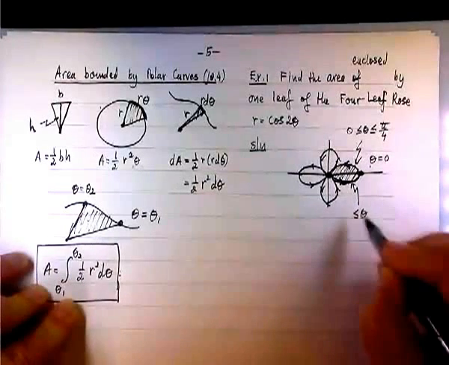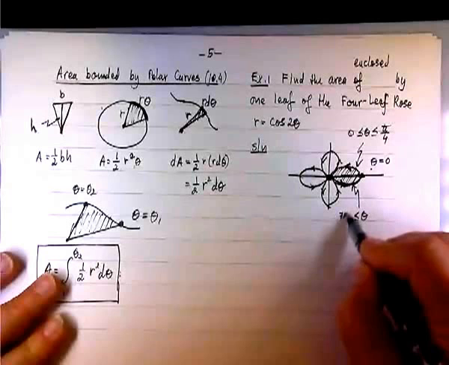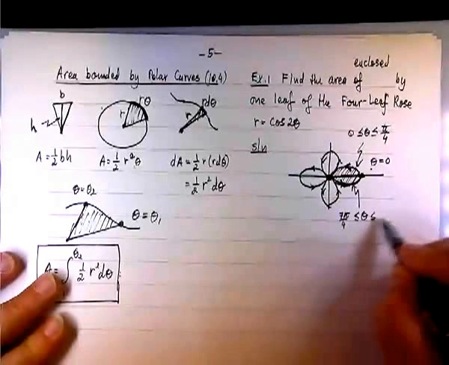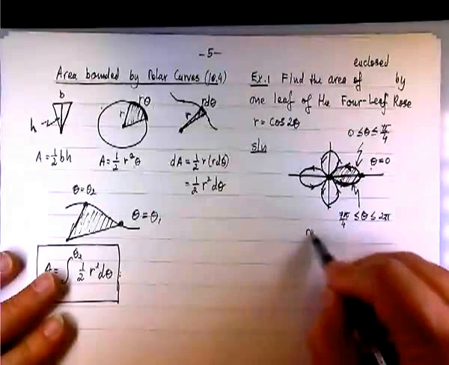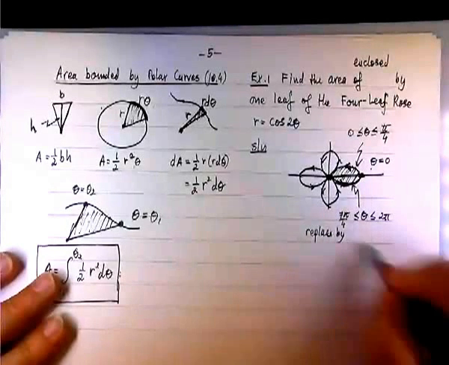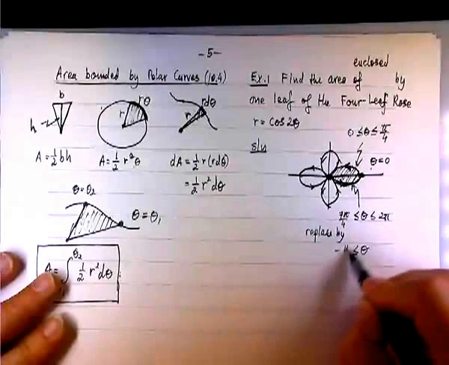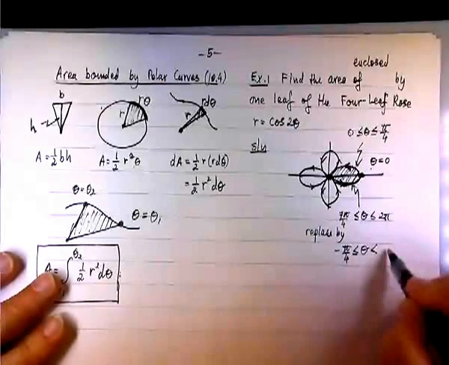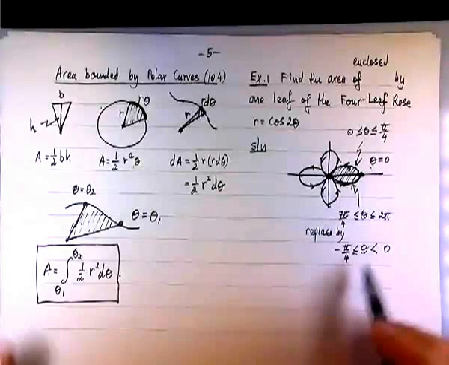And this section right here, theta is greater than 7 pi over 4 and less than 2 pi. I'm going to replace that by theta is greater than negative pi over 4 but less than 0, which is the same thing.